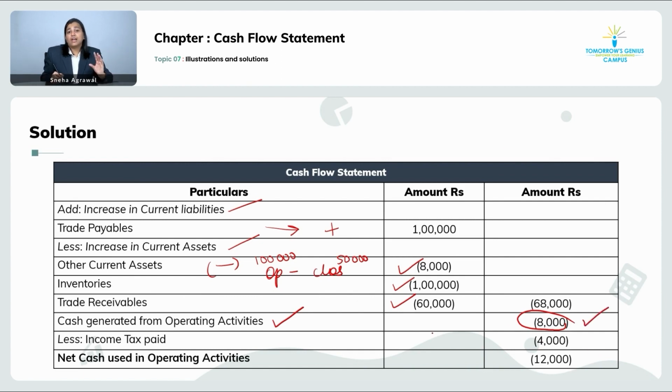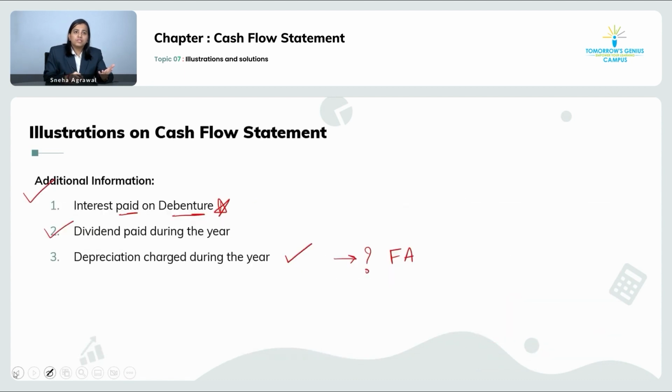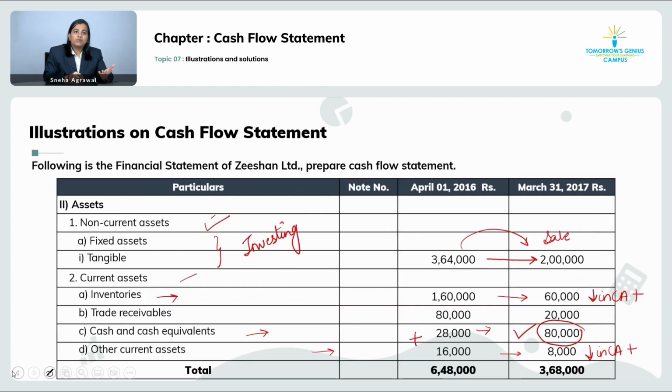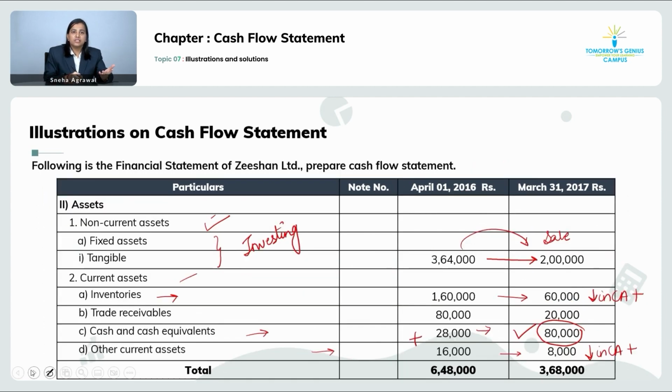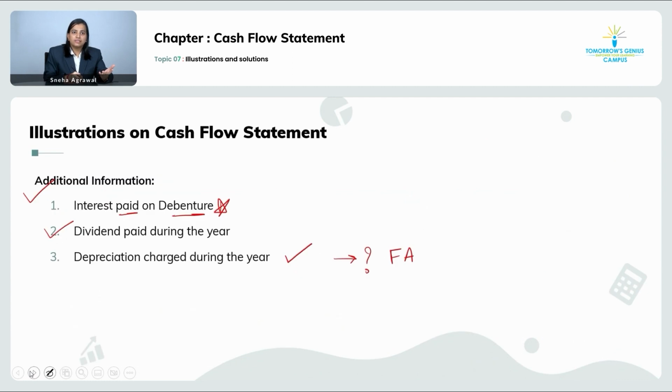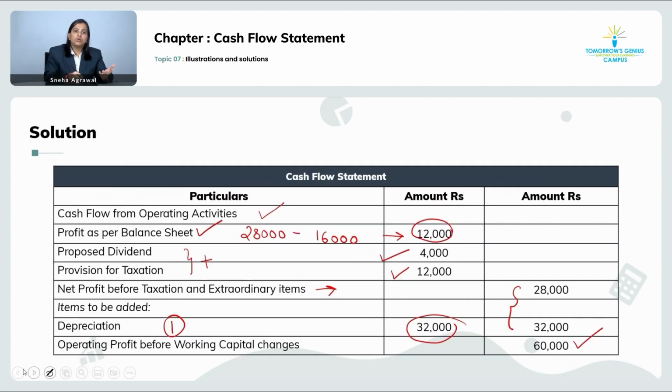Again, since I have added income tax, I need to treat it as an operating activity. I will also deduct 4,000 rupees. What is this 4,000 rupees? We have provision for taxes given in the question. 4,000 is nothing but the current year taxes. You have to pay the taxes in the current year. So I will deduct the taxes and finally arrive at cash flow from operating activity.